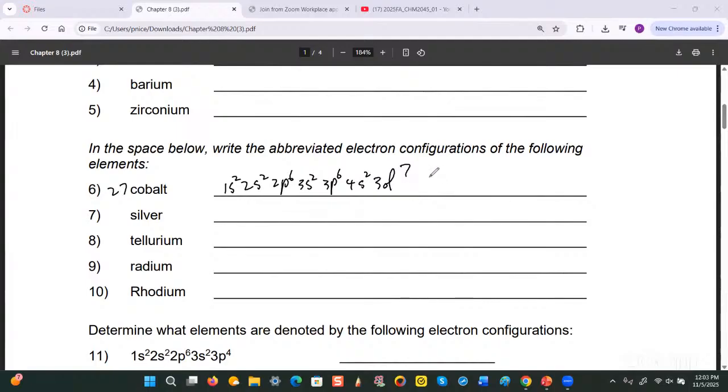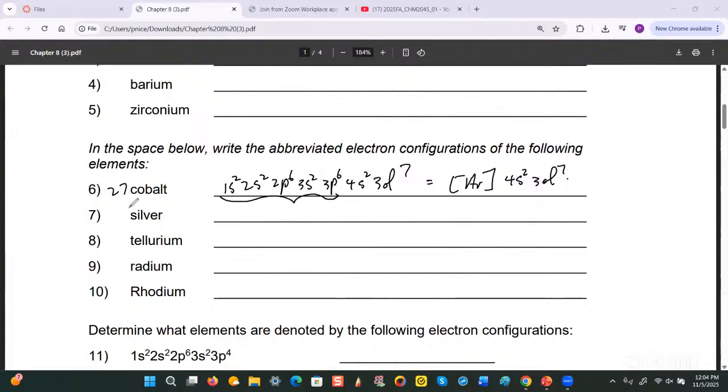Now, to get the abbreviated version, we go to the periodic table and look up the group 8 element that comes before cobalt, and that would be what? Argon. So put argon in square parentheses, which represents this part right here. And then we write down 4s2 3d7. And that's it. All right? Any questions about this one?